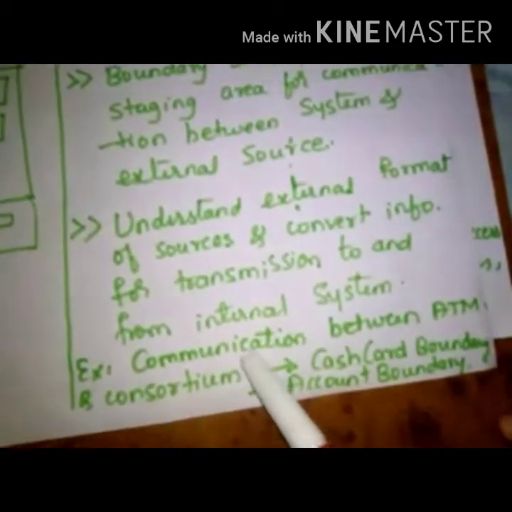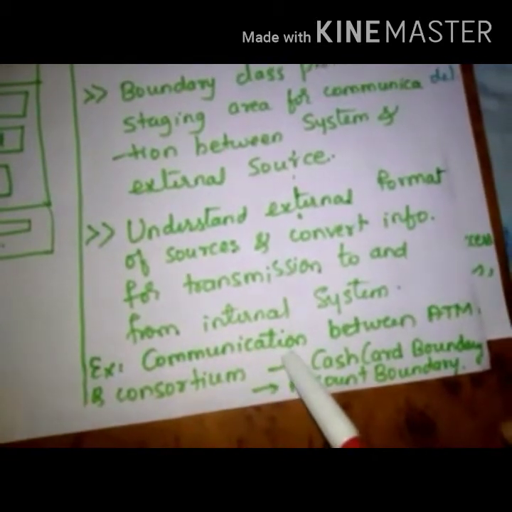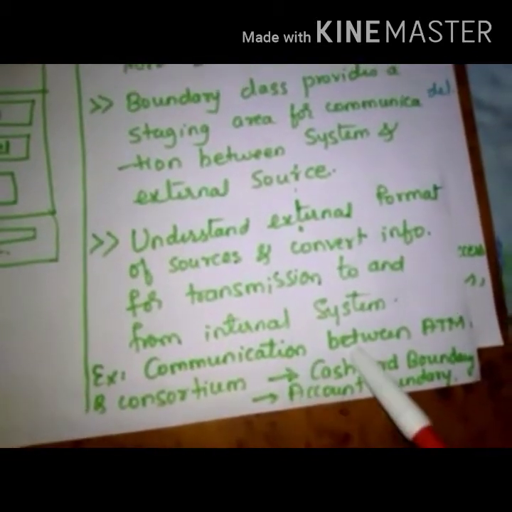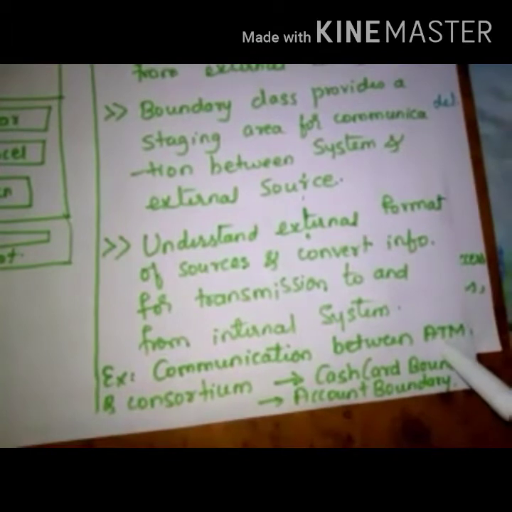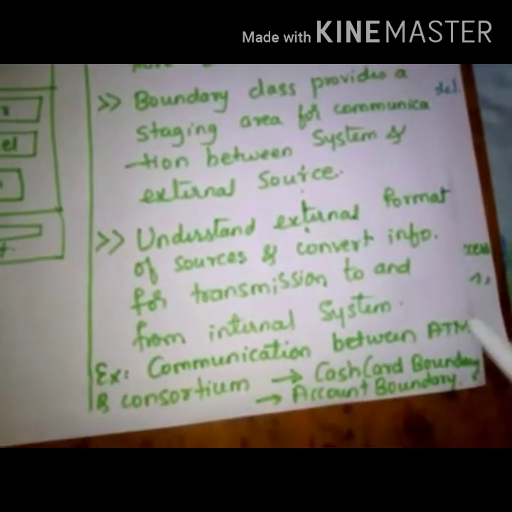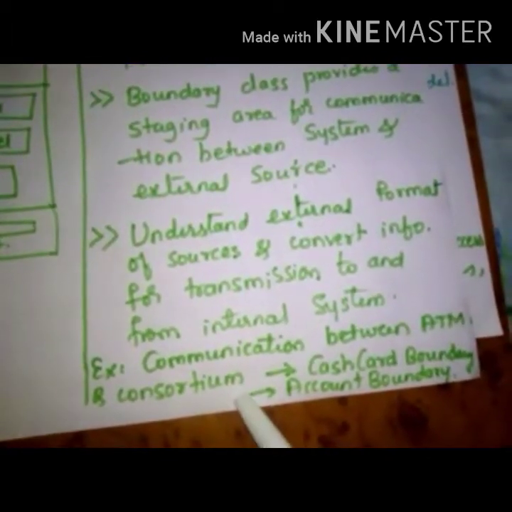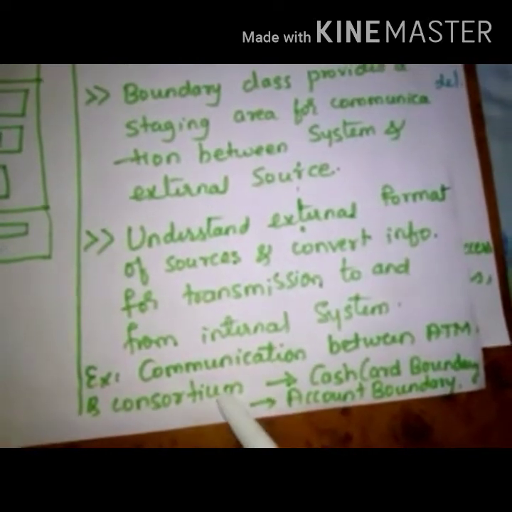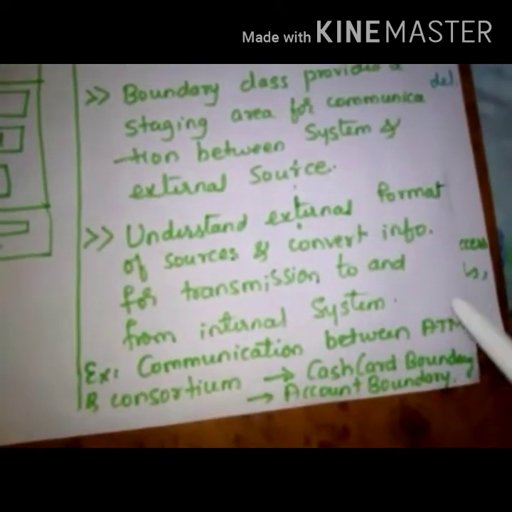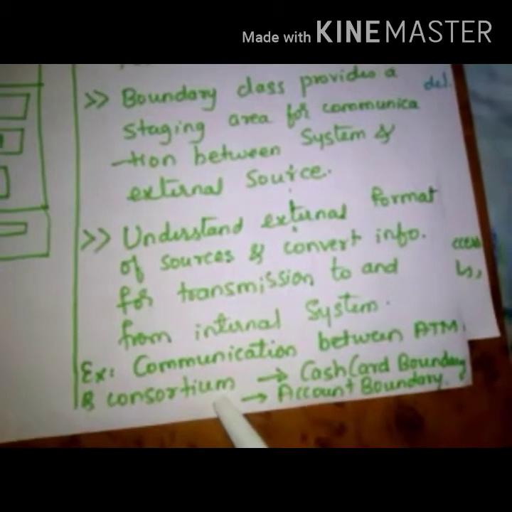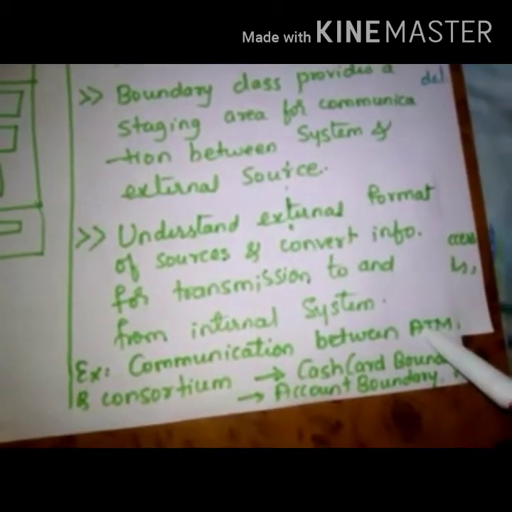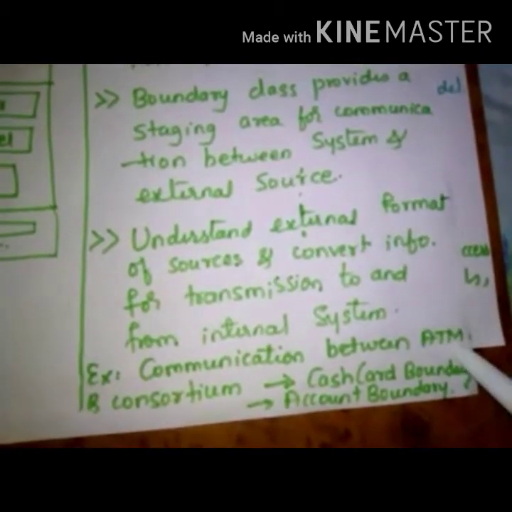For example, whenever the communication happens between the user and the ATM machine, internally we are communicating between the ATM and the consortium. I have explained this in yesterday's and other videos also. The ATM interacts with the consortium because in one bank's ATM you can access another bank's card also.